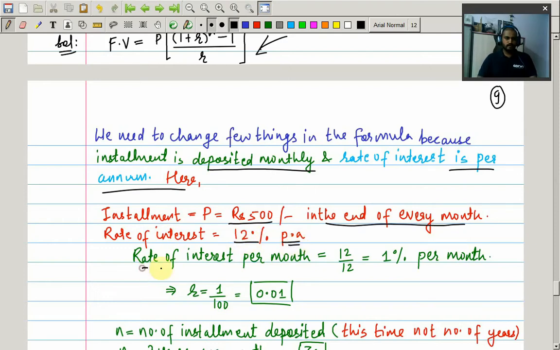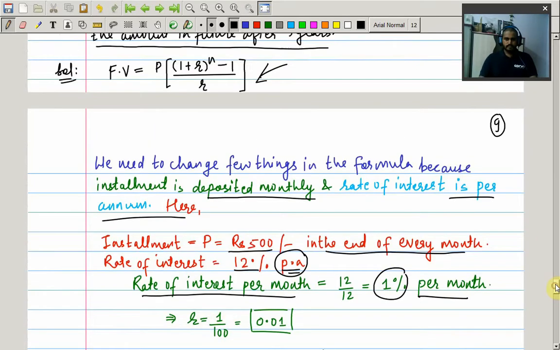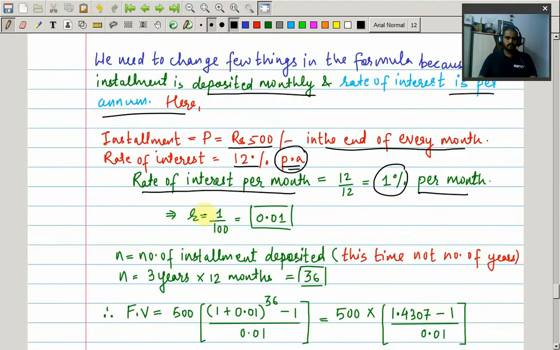Rate of interest per month, we will convert from per annum to per month. So 12 divided by 12, 1% per month. So this is in percent form. R is 1 divided by 100, which is 0.01. What is N? I cannot write N is equal to 3 because everything is month wise.